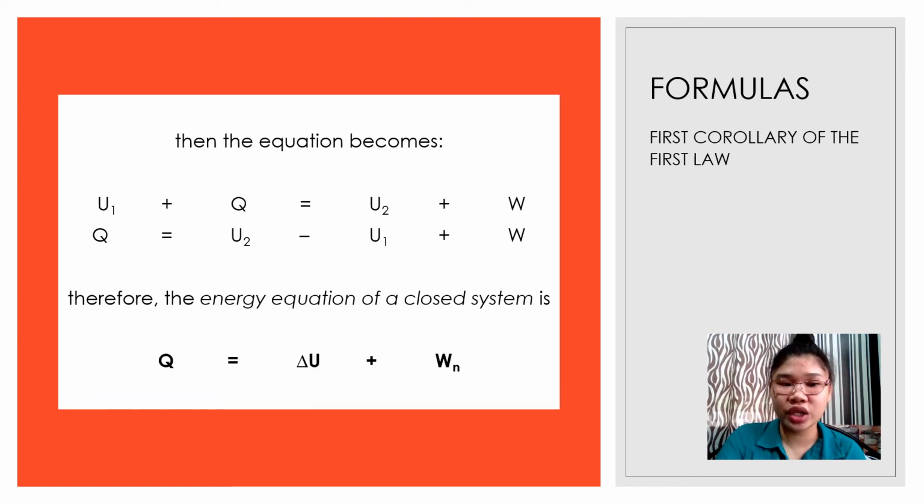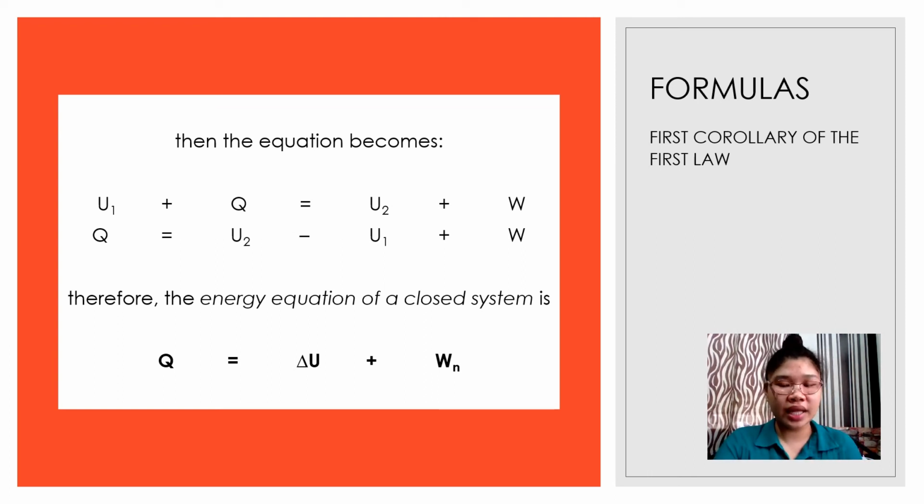Our equation becomes U1, our energy 1, plus Q is equal to U2, our energy 2, plus work. By transposing, we have heat as U2 minus U1 plus work. Therefore, the energy equation of a closed system is Q is equal to the change in internal energy plus work.